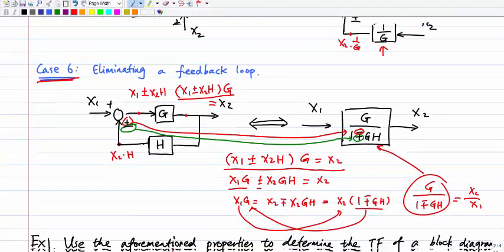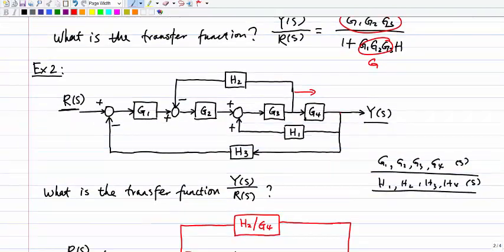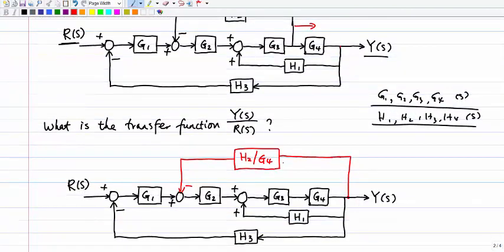So what happened here is, if I want to move the pickup point behind this block, I have to take the original block and divide by this g4. The reason is, let's say this signal is e sub s, for example.